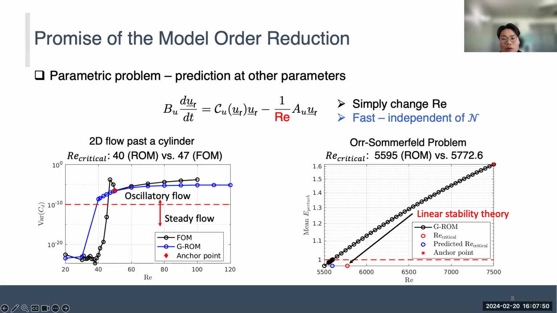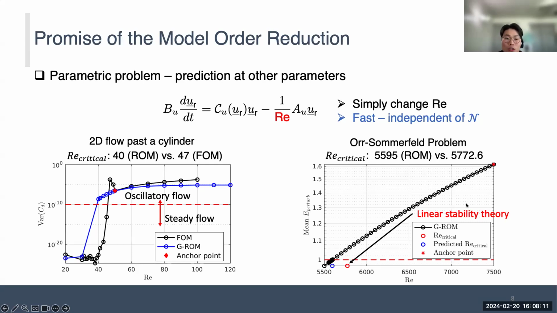With the reduced order model, we built the model at Reynolds number 7,500, and we run through the parameter space from 5,500 to 7,500. We measure the energy of the perturbation mode. On the y-axis is the mean energy of the perturbation mode.